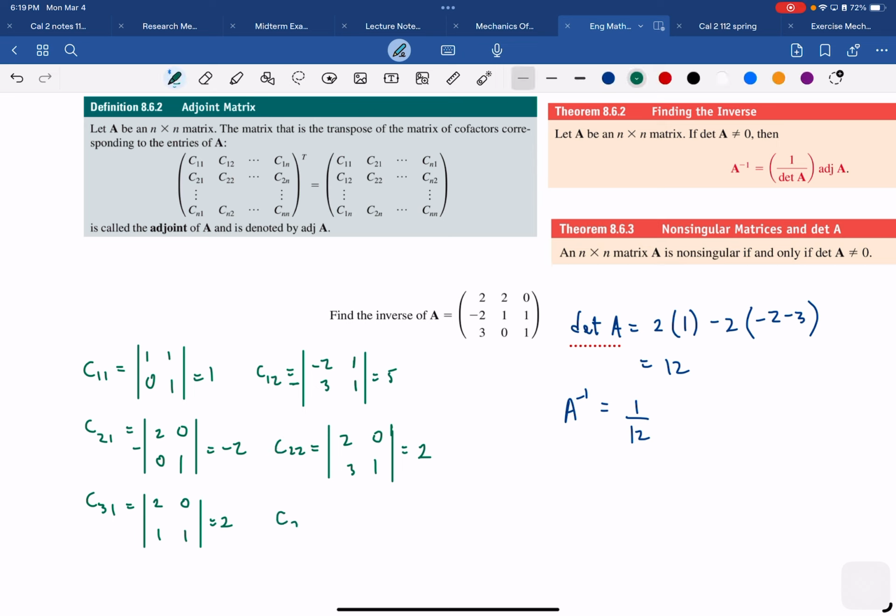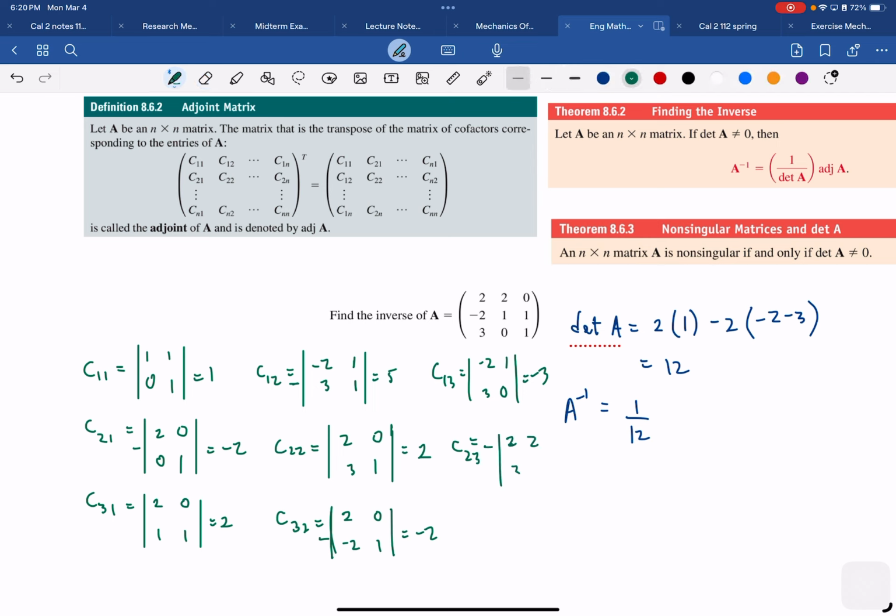And then C32. Let me just solve this first, okay? 2 0 3 -2 1, and then C13. Okay, C23 is 2 2 3 0, and then C33 is 2 2 -2 1.